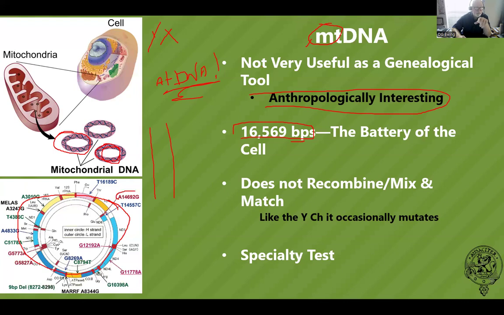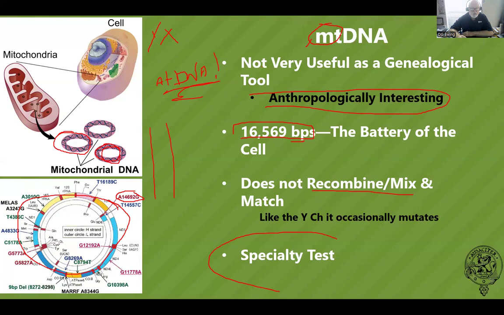So this is a mutation. These are all mutations. You probably won't have them all, only certain ones of them. And recall that it does not recombine or mix and match. There's only one set of mitochondria, so it can't mix and match. It is by itself. You get it from your mom, and that's it.